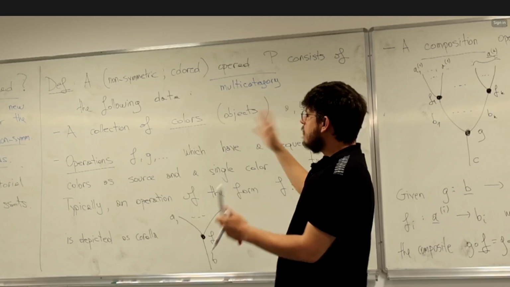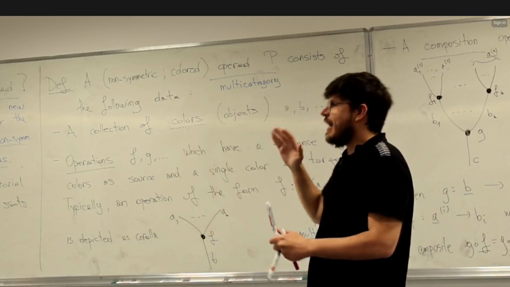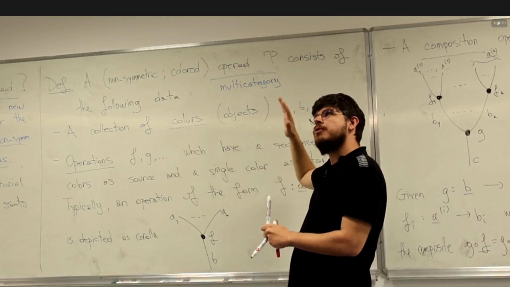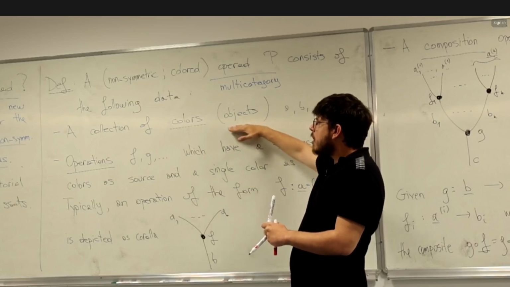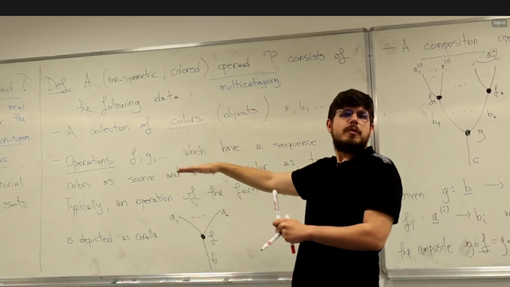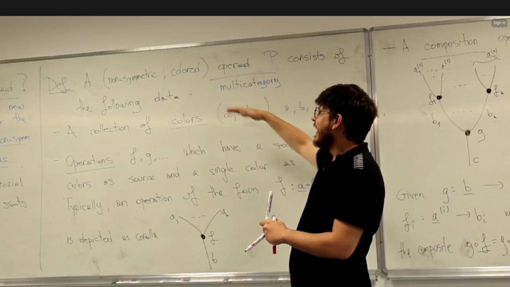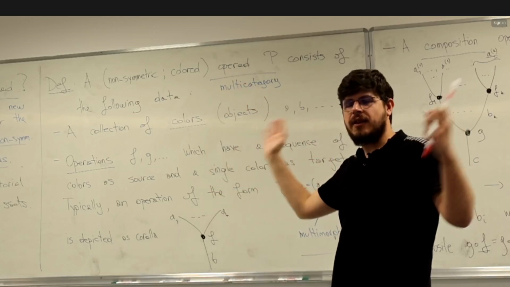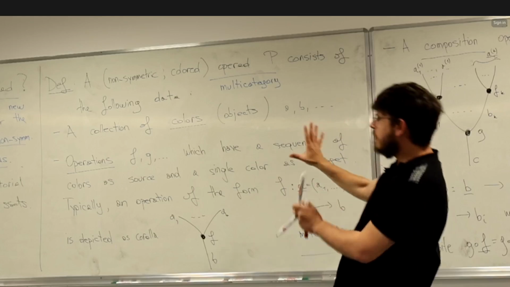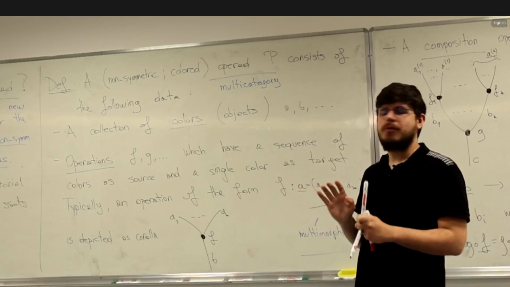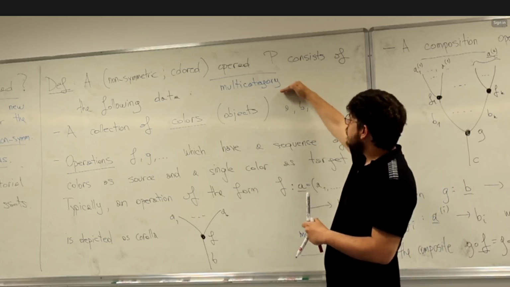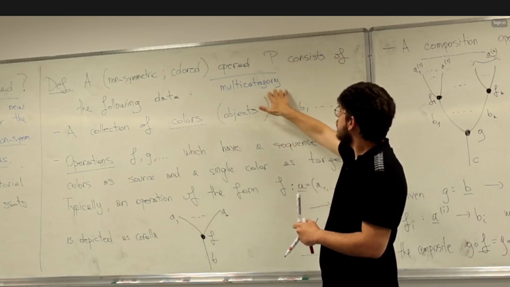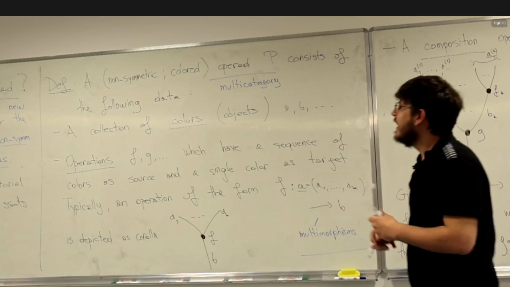I think the first occurrence of this object in the literature, due to May, had one color, was enriched in topological spaces, and was symmetric. So it's a kind of odd combination. But then as the literature expands, we have this base object of study. In Leinster's book, one of my favorite references, you will see the term multi-category being used.